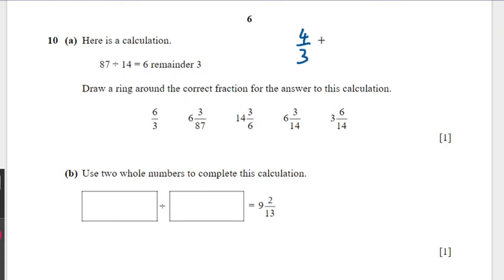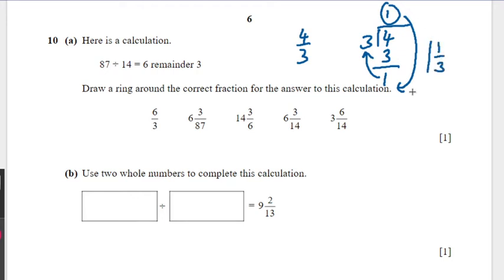In primary school we ask you to convert this to a mixed number, because this is an improper fraction. So we divide 4 by 3. You get 1 here, then remainder 1. Normally your teacher will ask you to write this one first, and then you go clockwise. So the answer is 1 from the top, 1 over 3.